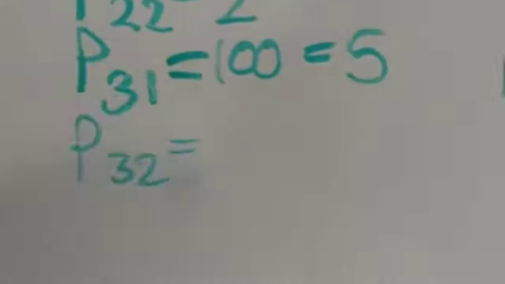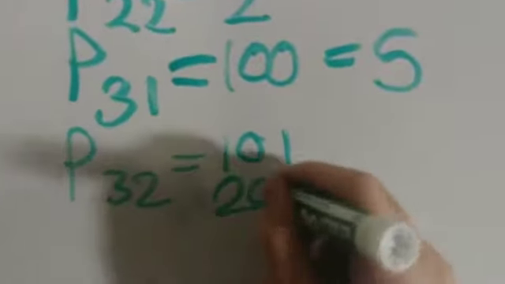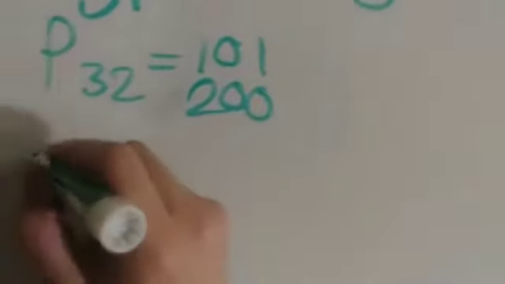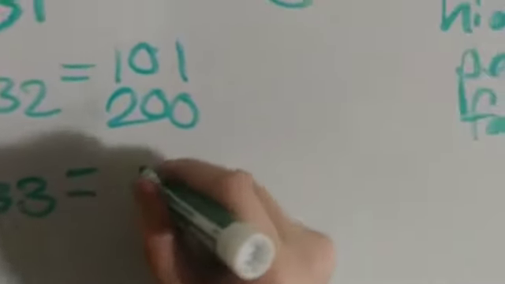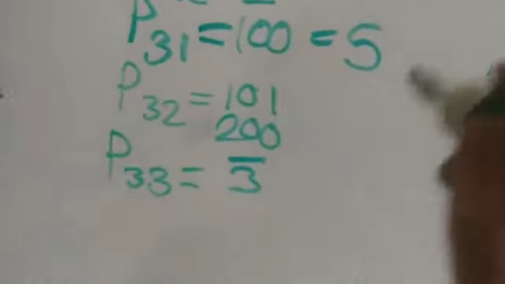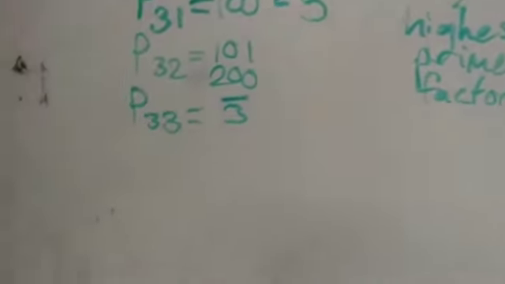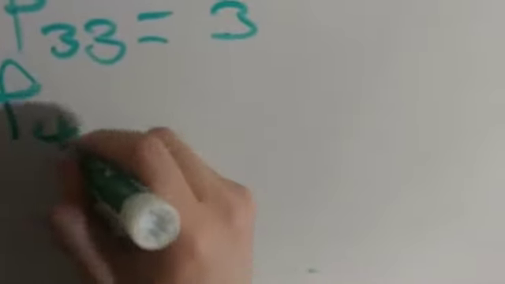The sequence is 101 to 200. P33 equals 3 with a line over it. That is 3, 12, 21, 30, 102, all the way up to 300. And then you move on to P41.